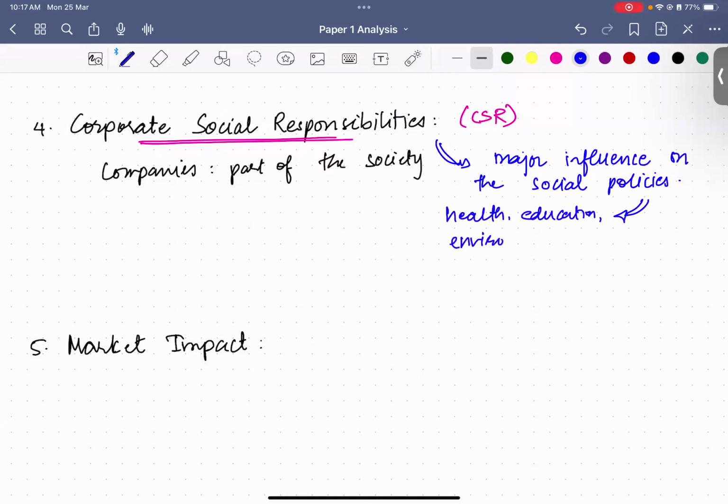Under which ministry? MeitY. So this particular NIC is working in terms of digital empowerment of the citizens in effective digital service delivery.